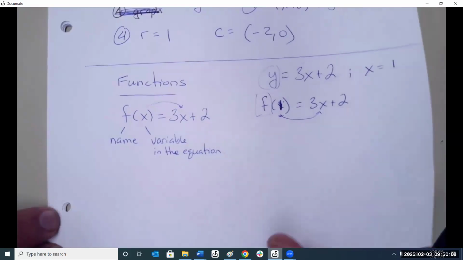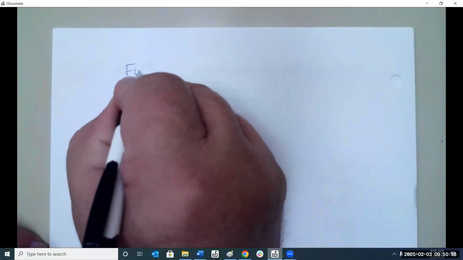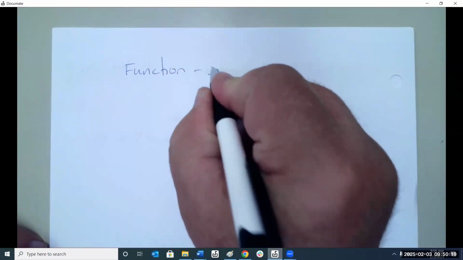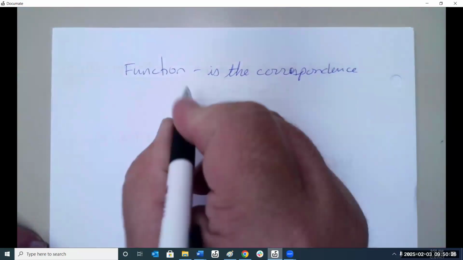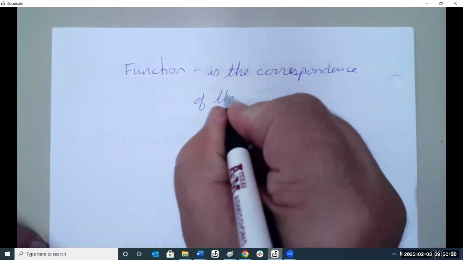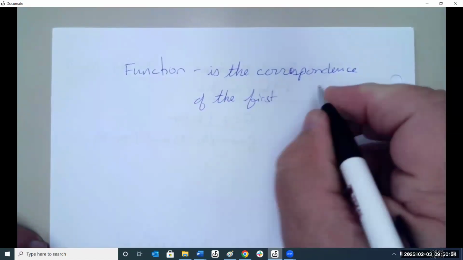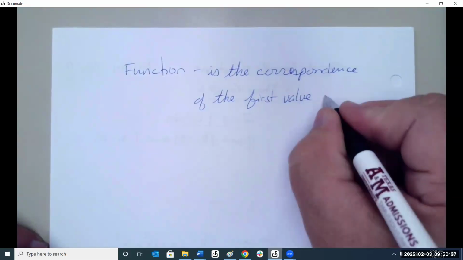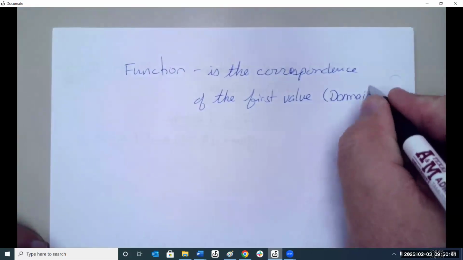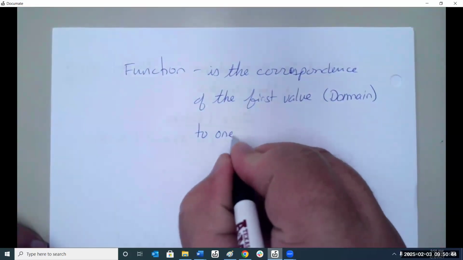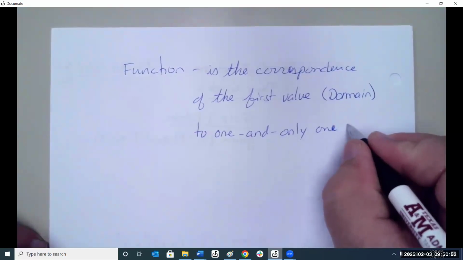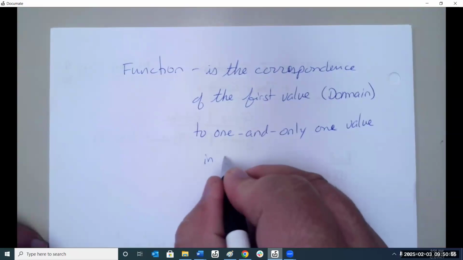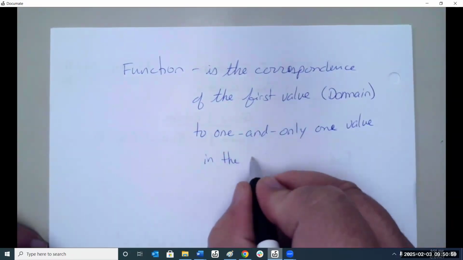But now the definition of a function: it is the correspondence of the first value, called the domain, to one and only one value in the range.